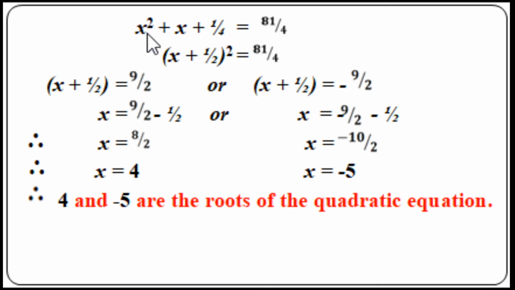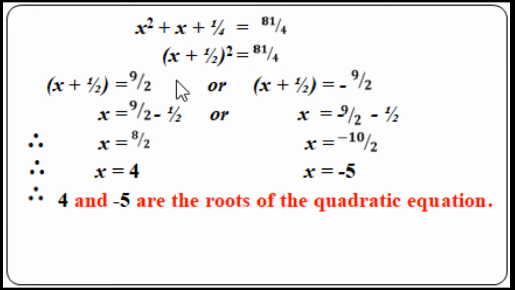So the left hand side can be written as x plus 1 upon 2 the whole square. The square root of x square is x, the square root of 1 upon 4 is 1 upon 2. So we get x plus 1 upon 2 the whole square is equal to 81 upon 4.